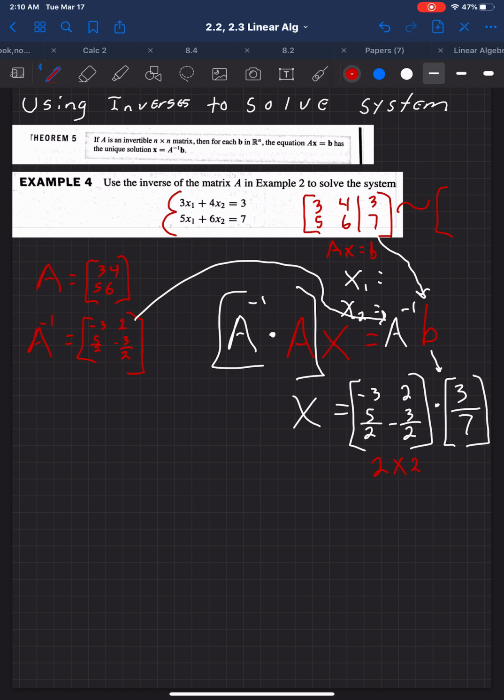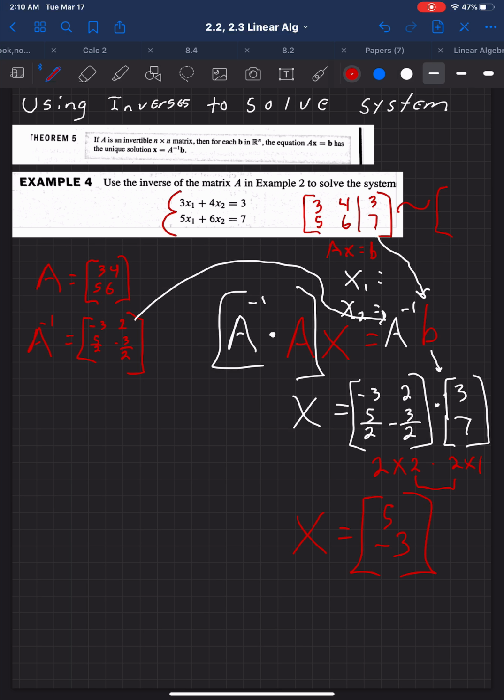Well, this is a 2 by 2, and we would be multiplying by a, now I don't know why I wrote that as a fraction. My apologies. So that's 3, 7. So structurally, we got a 2 by 2 multiplied by a 2 by 1, so we can definitely perform the multiplication. The result should be a 2 by 1 vector, and that answer is 5, -3.